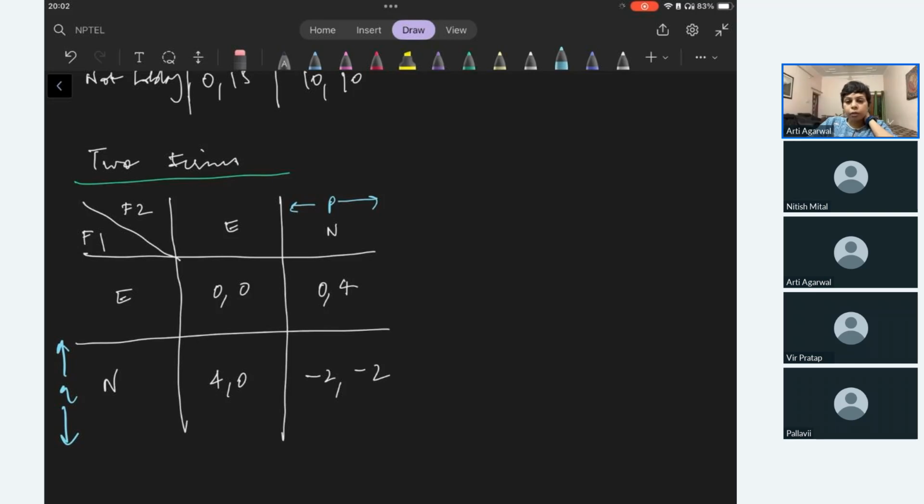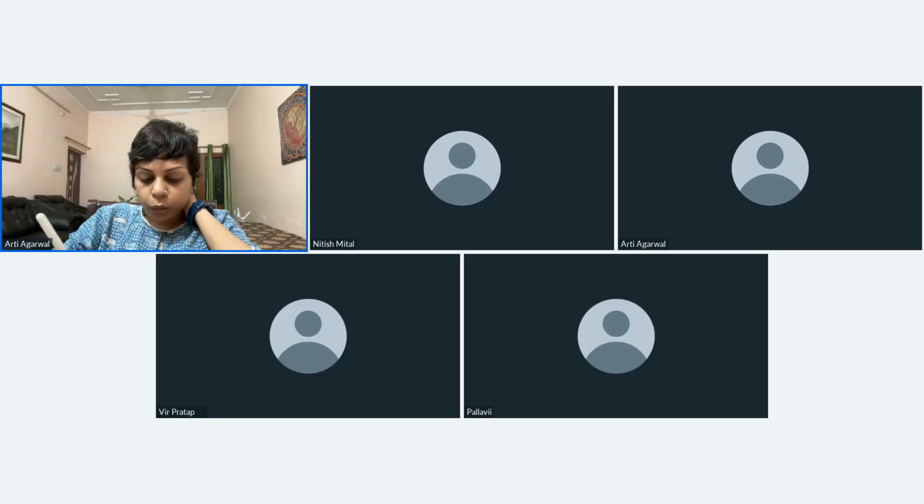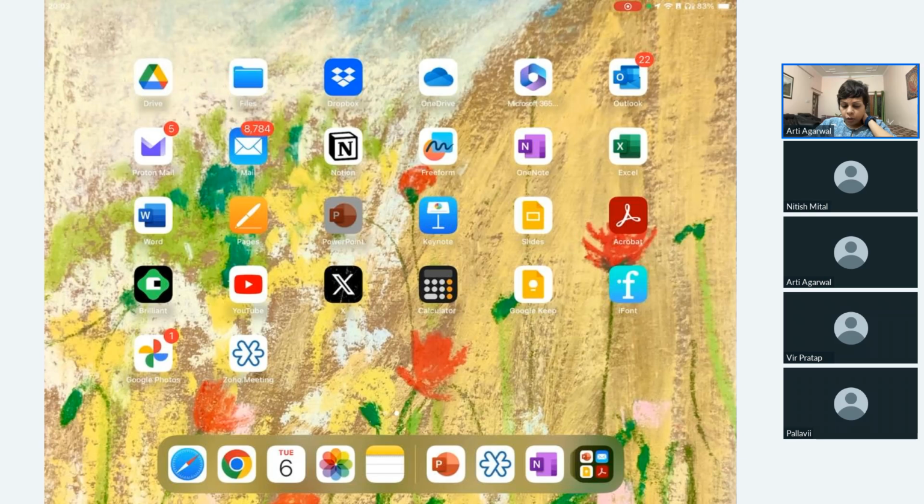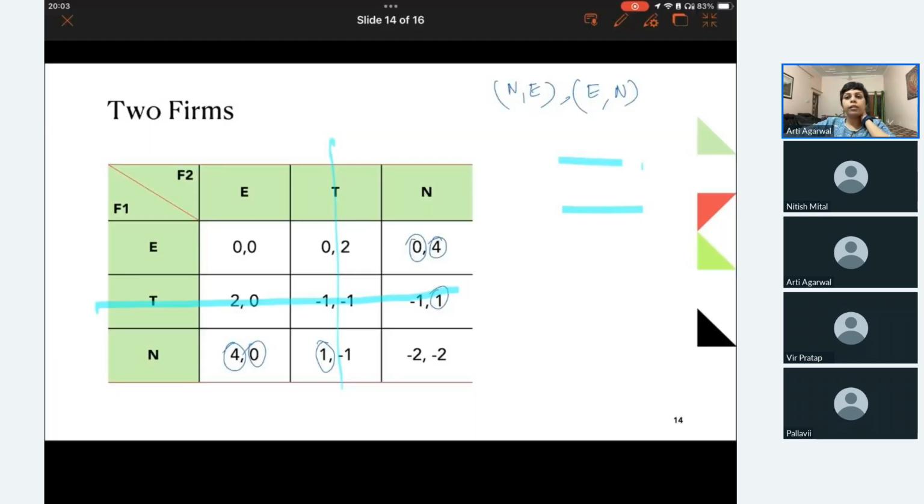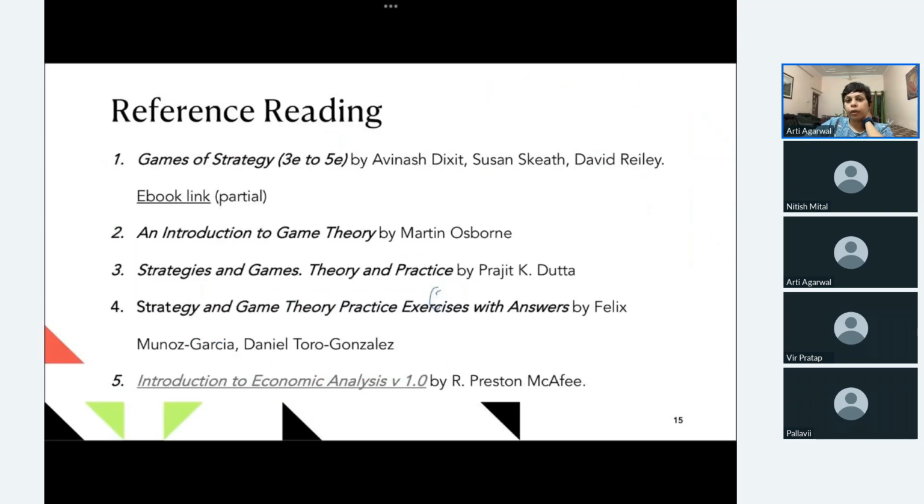Okay. So let me share one more thing. At the end, I'm giving a reference reading, and I'm going to be adding this reference reading in every class because it may vary a little bit from one class to the other.